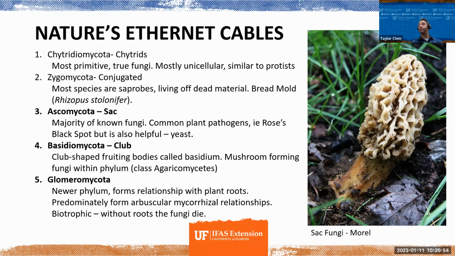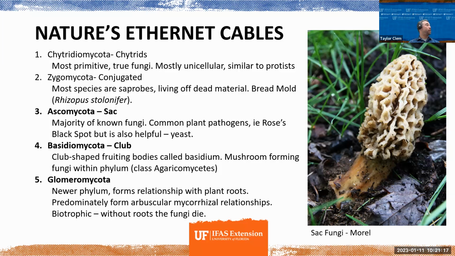That is a newer phylum of fungi that can't exist unless they have a mycorrhizal connection. If they don't have that connection, what do you think happens to them? They die. That's one of the main characteristics of that phylum.